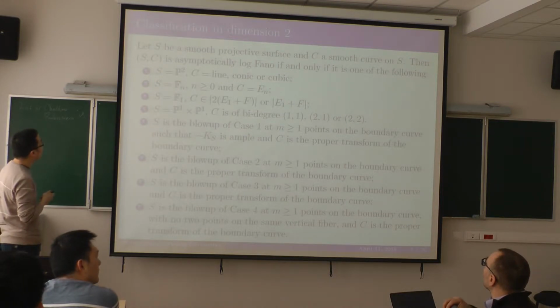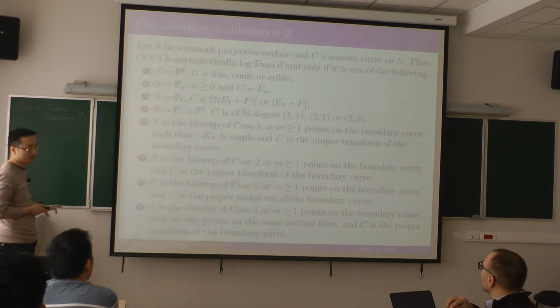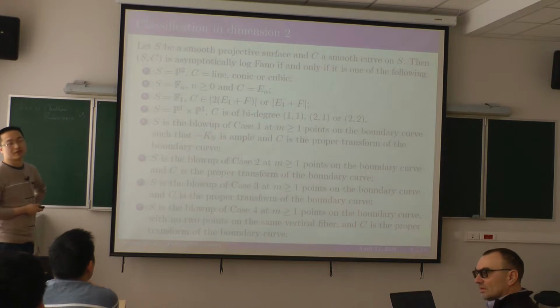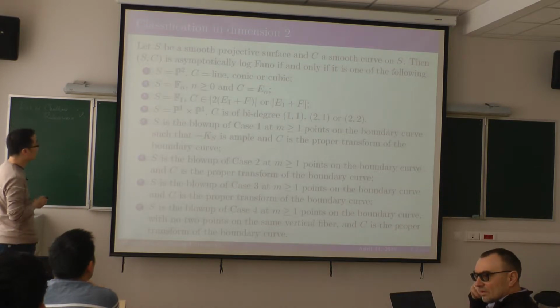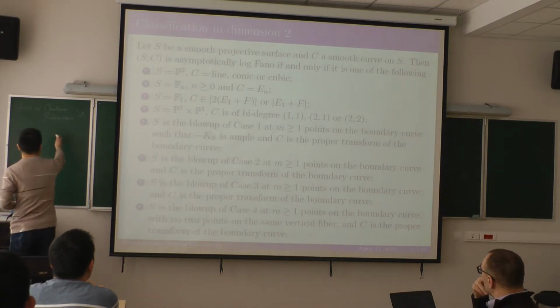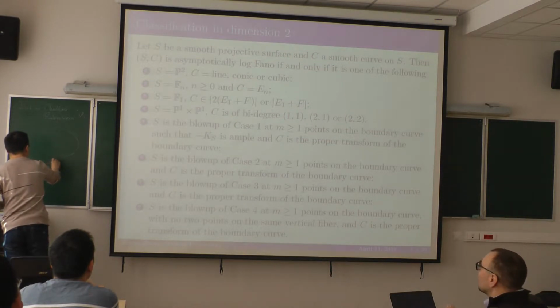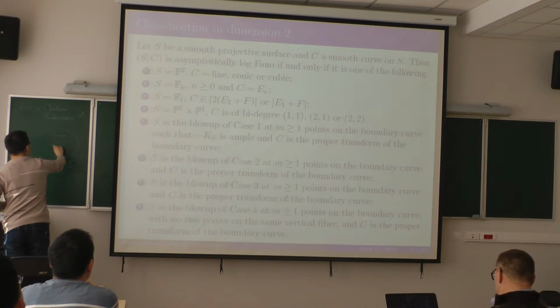You can see from this list that P2 and the Hirzebruch surfaces are just the building blocks of asymptotically log Fano surfaces. You can construct all kinds of asymptotically log Fano surfaces by blowing up. The picture is like this. You have a surface, which might be P2 or a Hirzebruch surface. Then you have some special curve.